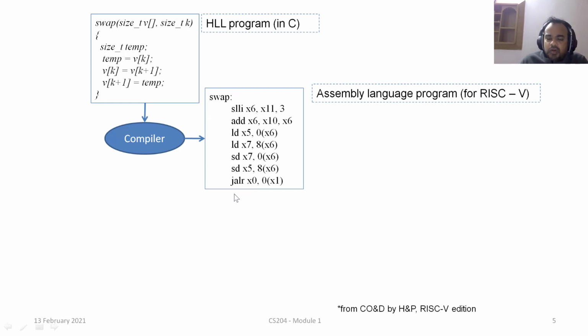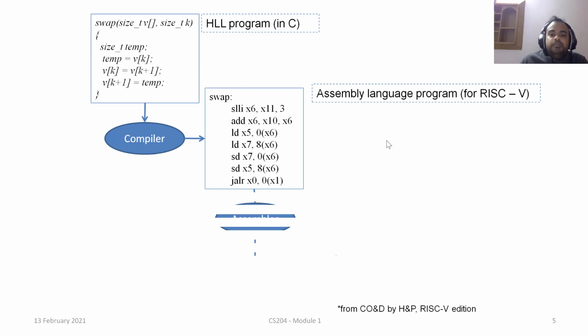So these are all the instructions that RISC-V ISA provides. So the compiler has used those instructions to achieve the same logic of swap.